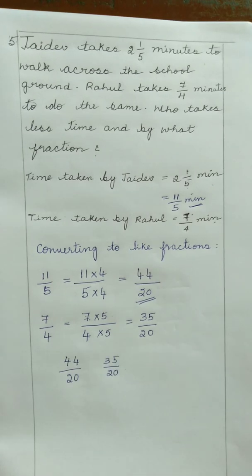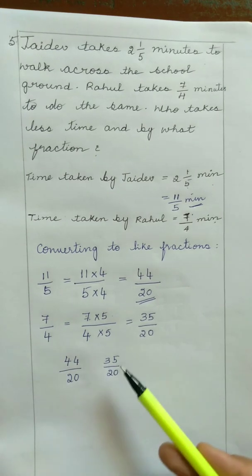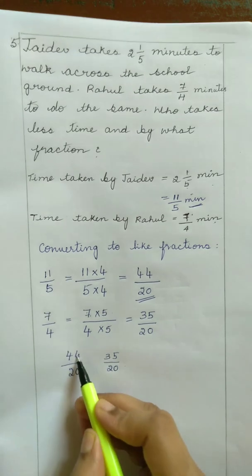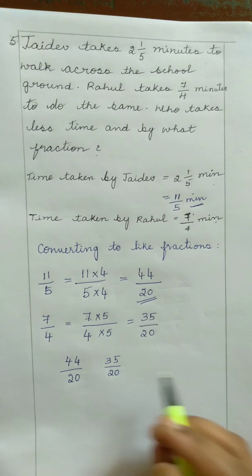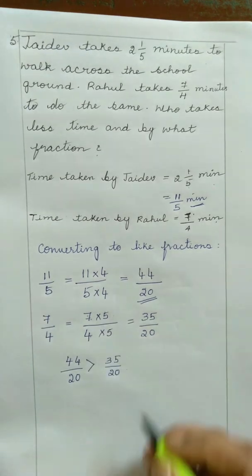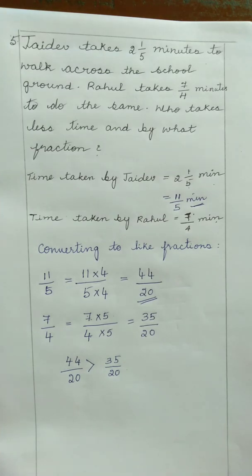Now we have two fractions 44 by 20 and 35 by 20. We know that for two fractions with the same denominator, the fraction with a greater numerator will be greater. Therefore, 44 is the greater numerator in two fractions. Therefore, 44 by 20 will be greater than 35 by 20.